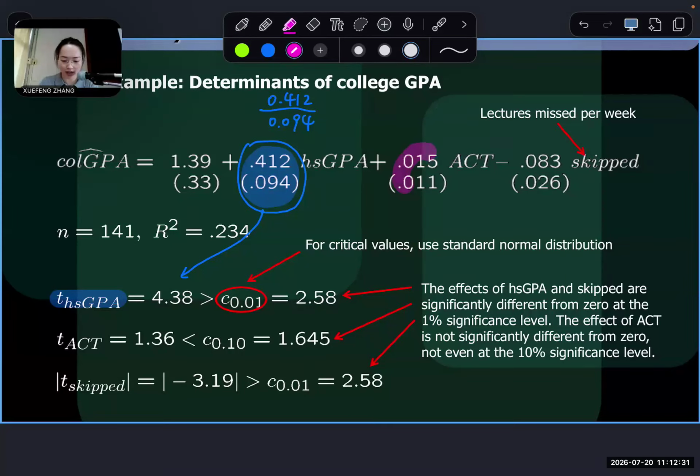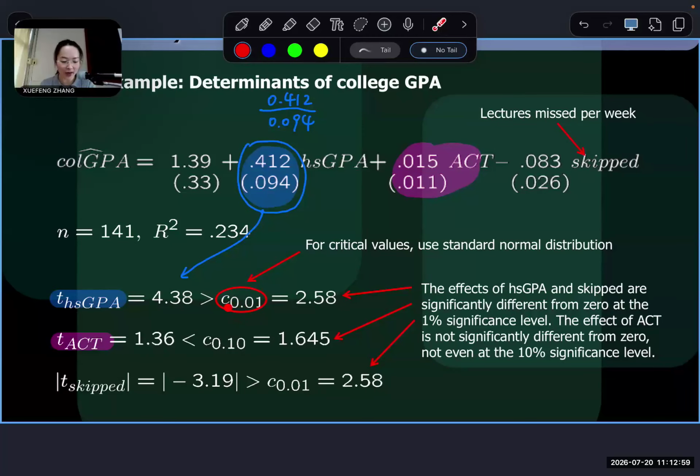Next one is ACT score. I highlighted them in pink. You have to know how to get those two statistics. Is it 4.38? Okay, great. So this t statistic for HS GPA, which is 4.38, is greater than our critical value, even at the 1% level.